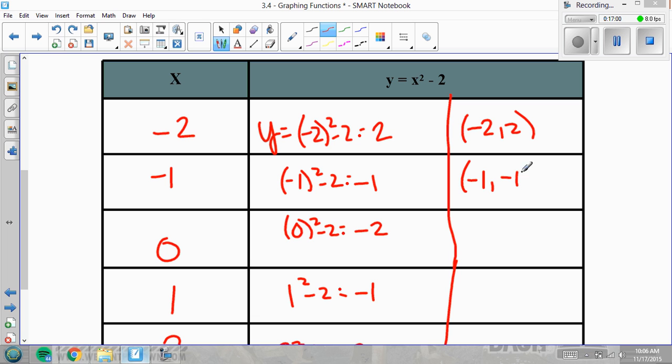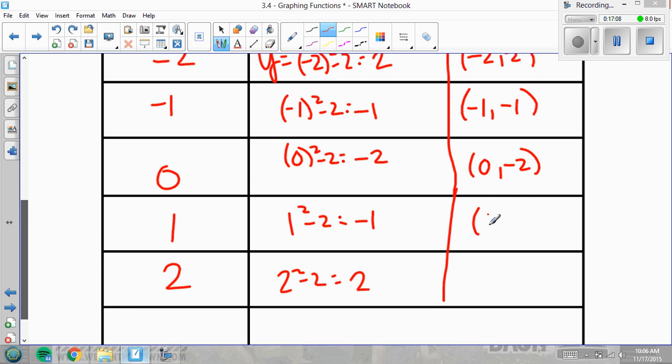-1, -1. 0, -2. 1, -1. And 2, 2. So we can plot these points.